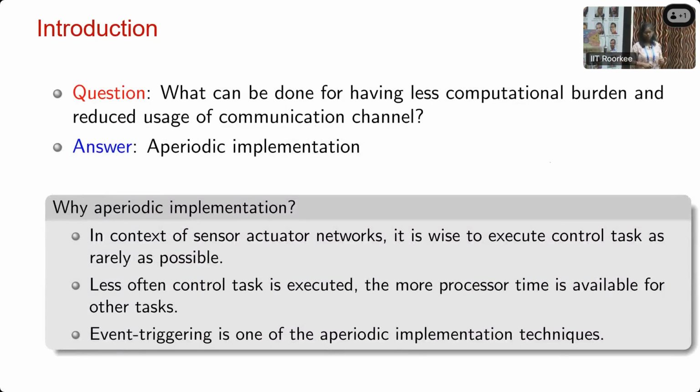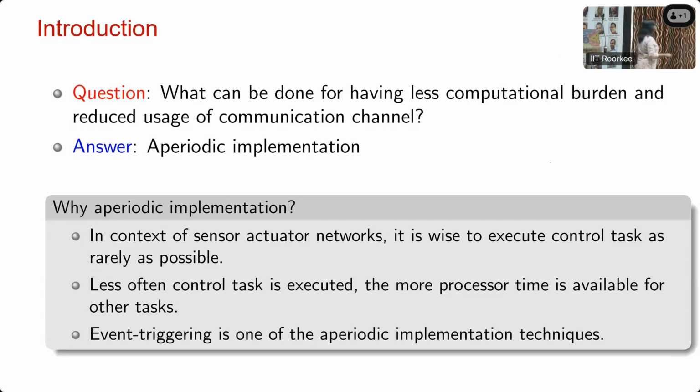The answer is aperiodic implementation, because we have seen that block diagram for the periodic implementation, right? So if we do aperiodic implementation, how can we achieve this, to meet the objective of our design?